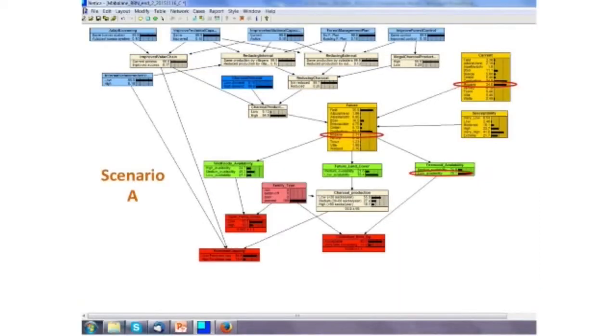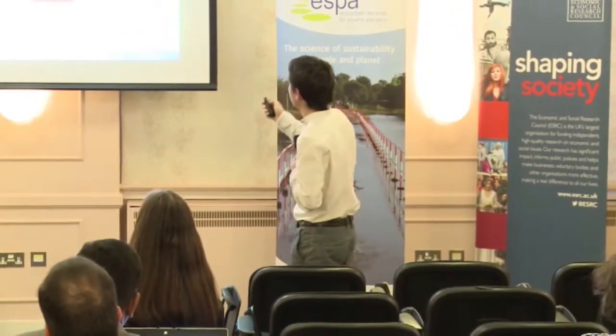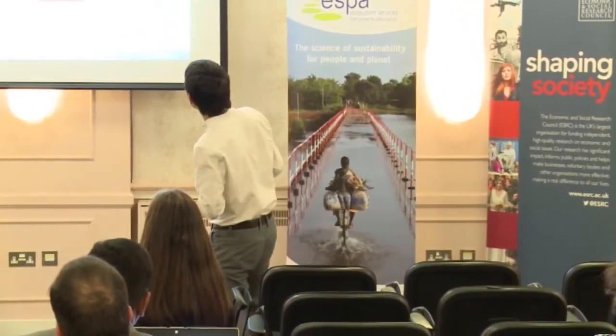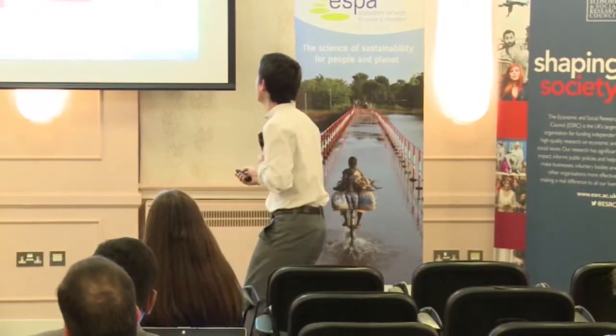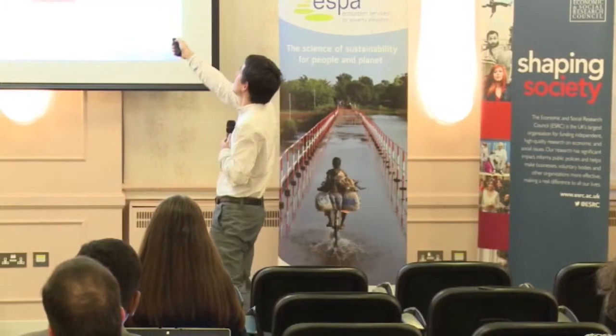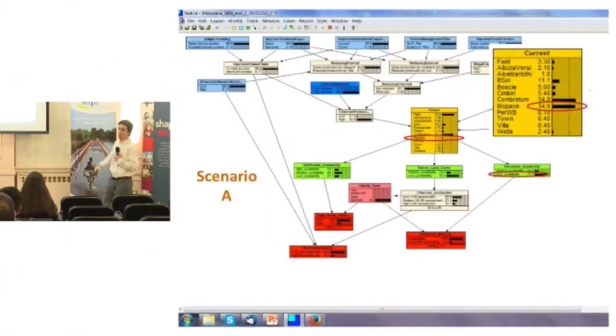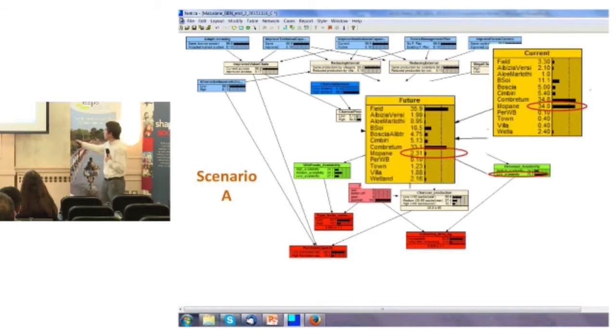So I'm going to try to show you how it works. There you cannot see anything, so I put it a little bigger. So here we have the current land cover proportions of the area. So 34% of the land is Mopane woodland currently.